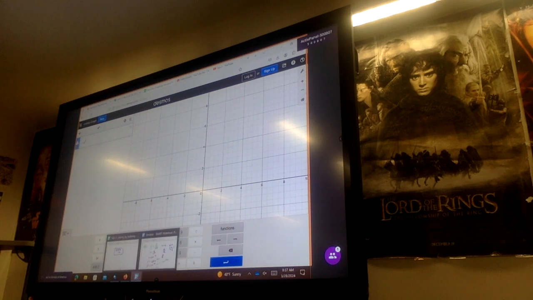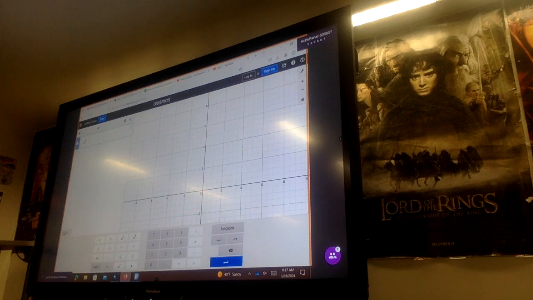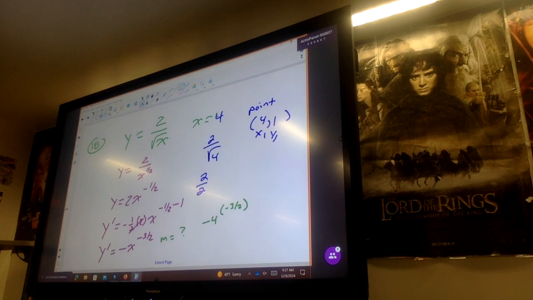It was negative 3/2. So you get that. So this negative 0.125, you can leave it, the slope is that. It actually comes out to negative 1/8 if you wanted that. So it's your choice. So negative 0.125 or negative 1/8 if you recognize the fraction. It's your choice how you want to have it.